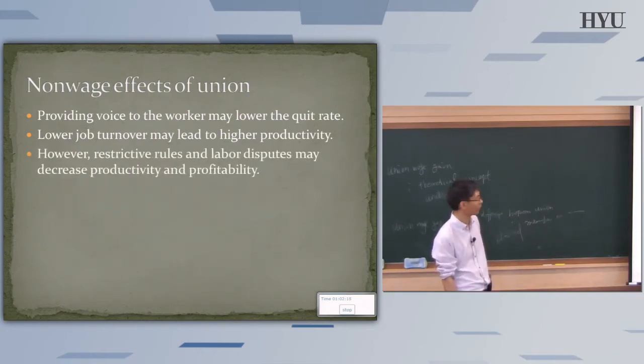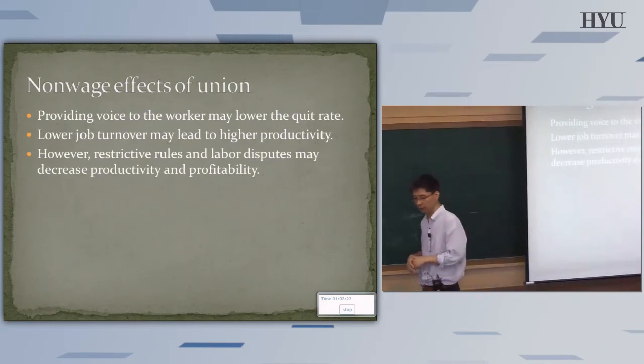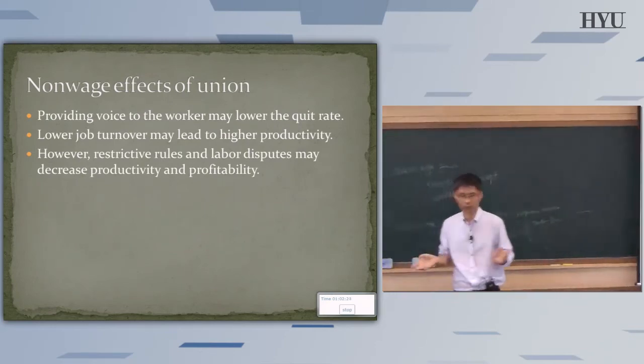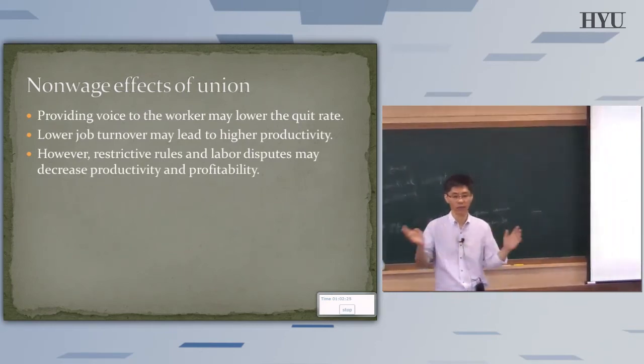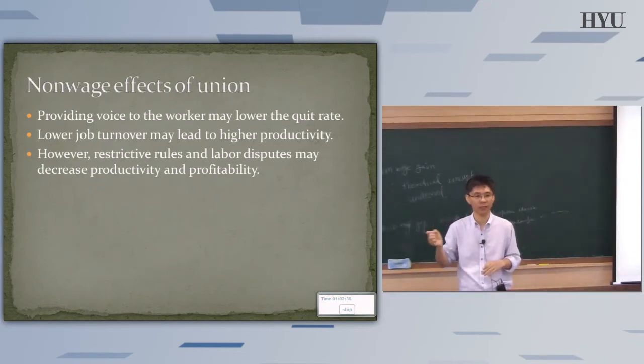However, there is actually a counter-argument. The unions generally have restrictive rules and labor disputes. In the collective bargaining, there are all sorts of agreements between union and management that can often limit how this company is managed. So that kind of restrictive rules.